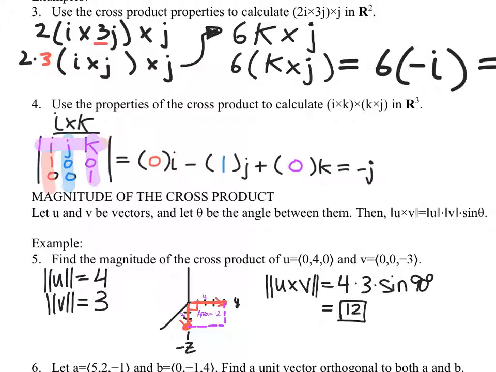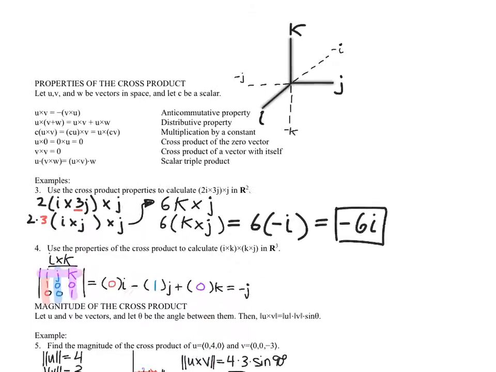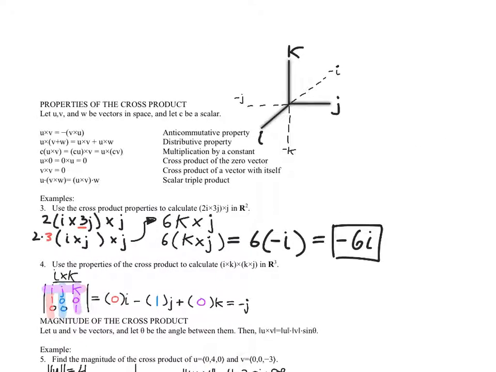Right? Now, if you go and verify that with the right-hand rule, it should bear out. I can't physically do I crossed with K with the right-hand rule, but I can do K crossed with I. K crossed with I would point me in the direction of J. That's the opposite of what I want, so I would take the opposite of that.